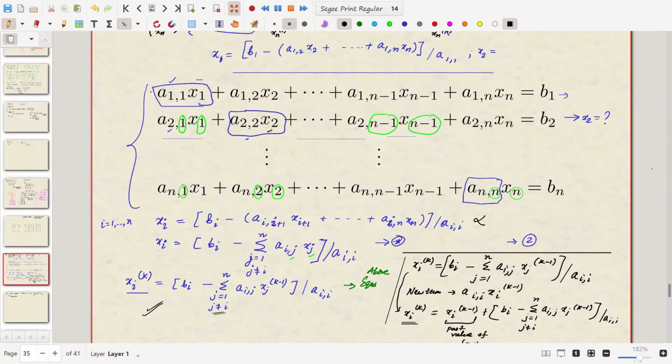But the most important thing is you are also using the past value of x1. But that is inefficient. Why? Because in the previous step, you computed x1 at the kth iteration, but you are using x1 at the k minus 1.